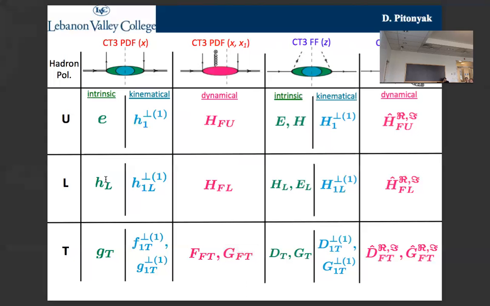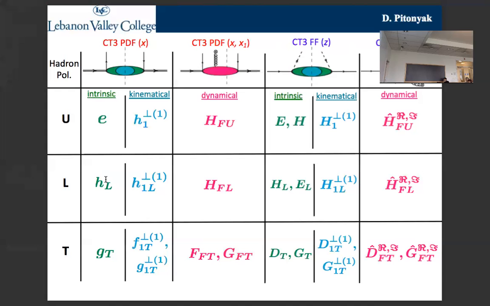We have 3 different types of collinear twist-three functions, which we call intrinsic, kinematical, and dynamical. The intrinsic functions are quark-quark correlators where we don't keep any k_T on the quark line. We use a twist-three Dirac projection in the matrix element. For example, the famous twist-three function g_T is what we would call an intrinsic twist-three function.